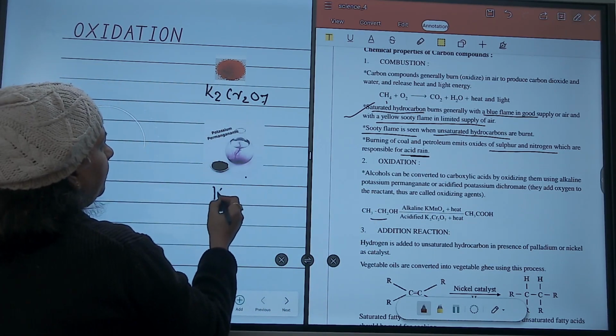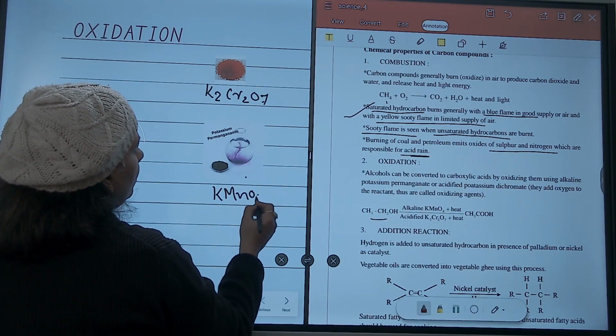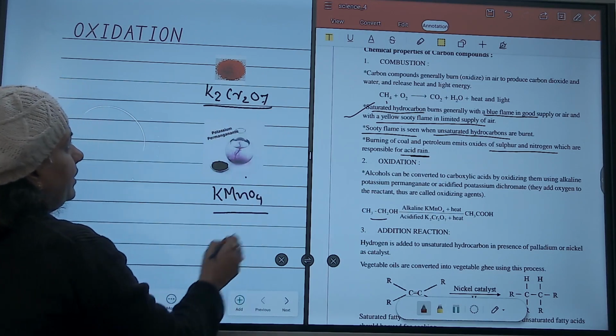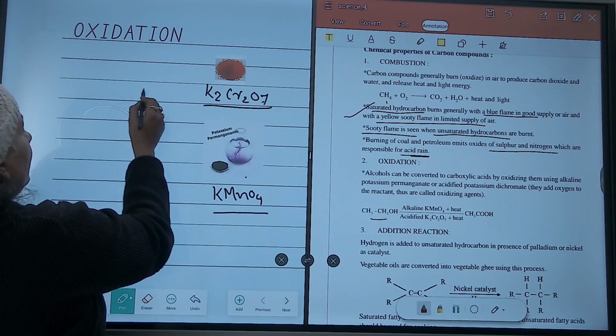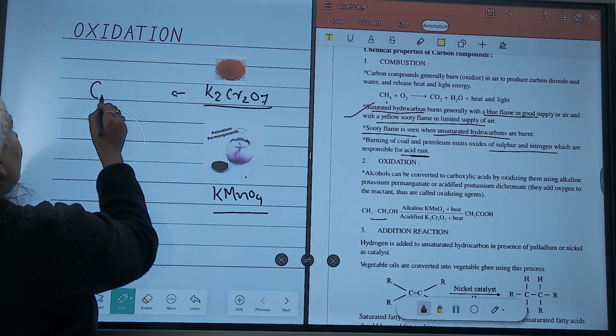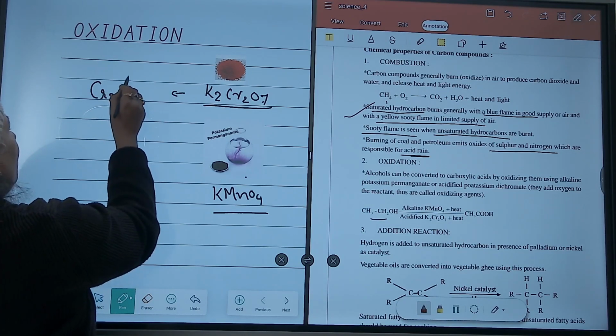Potassium permanganate formula is KMnO4. So you must remember these two oxidizing agents. How are you going to write the formula? Always remember Cr2O7, 2 negative.